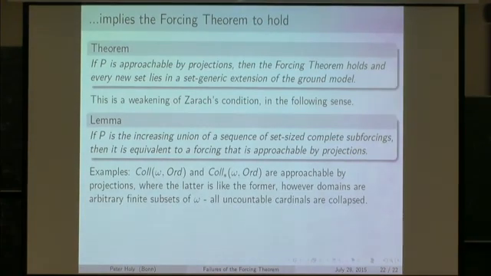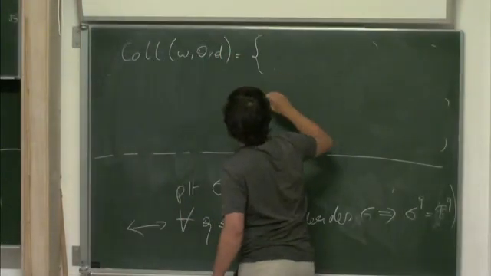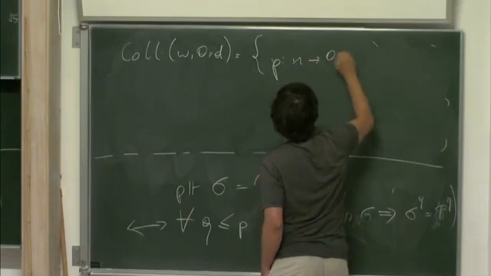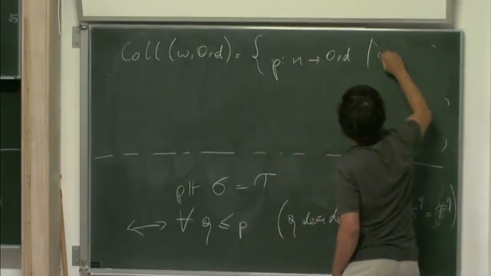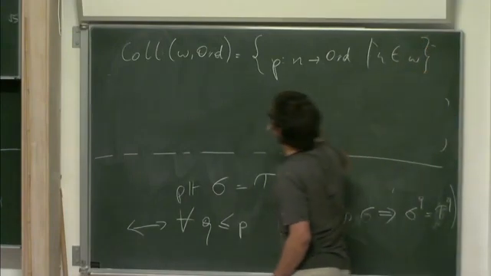And so I have two examples here, namely this simple collapse forcing, which I should not have erased a couple of minutes ago, Coll(omega, Ord), and its variant Coll*(omega, Ord). Coll(omega, Ord) was the collection of all functions p from n to the ordinals, where n was a natural number.